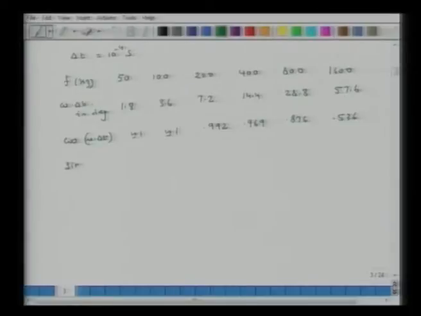And the sine values are 0.031, 0.063, 0.125, 0.249, 0.482, 0.844.